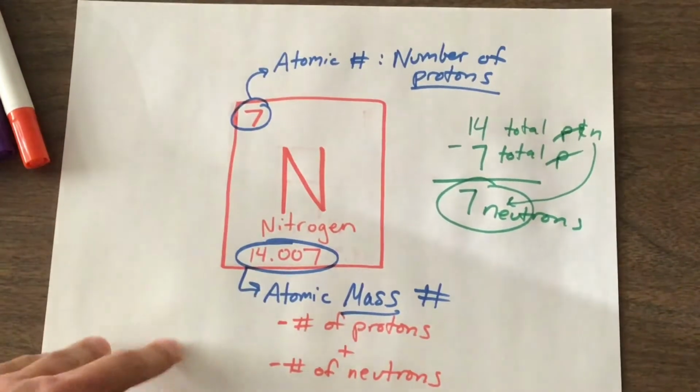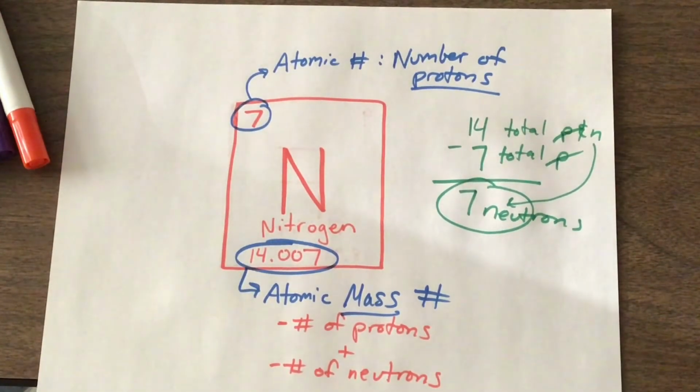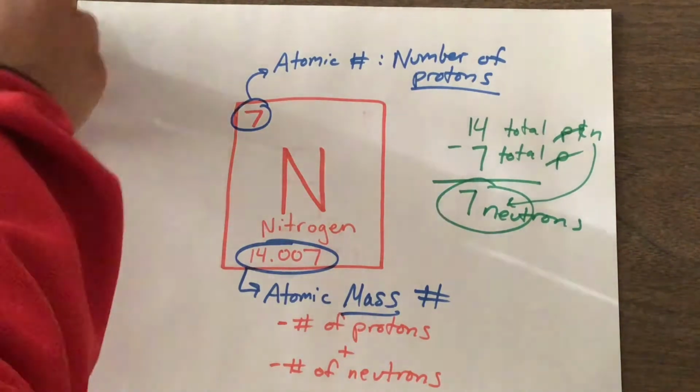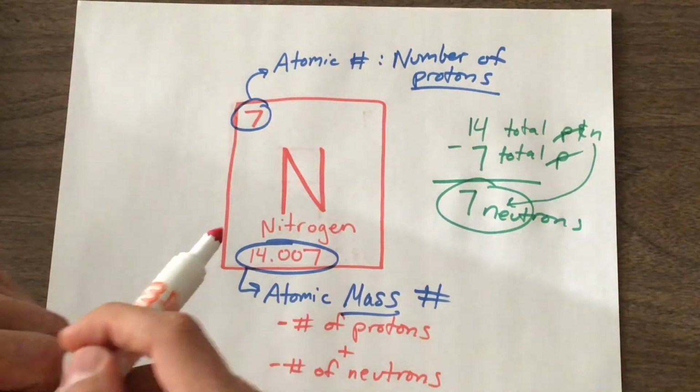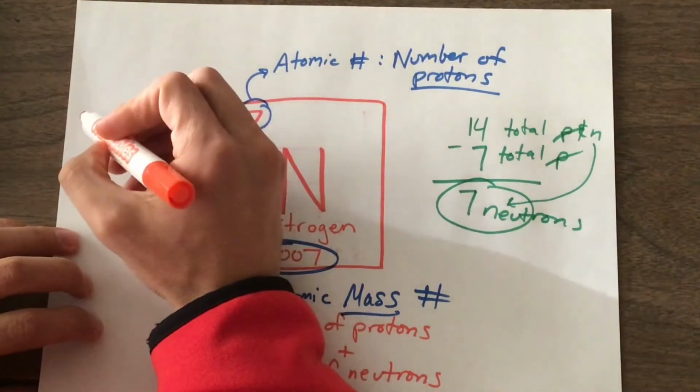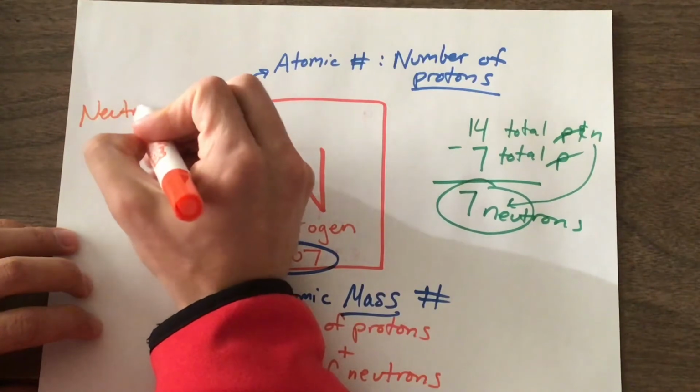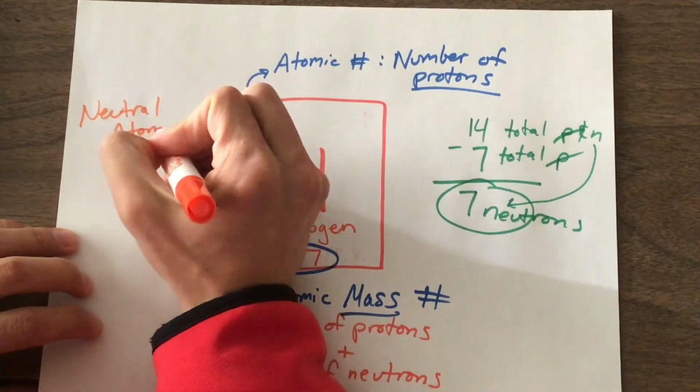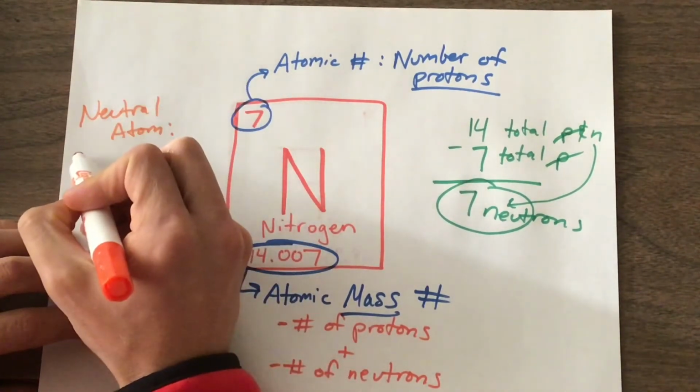Hopefully that paints a good picture for you. Now, the protons and neutrons aren't always going to be the same. In this one, they are. Remember, we talked about a neutral atom. That's one that's balanced.